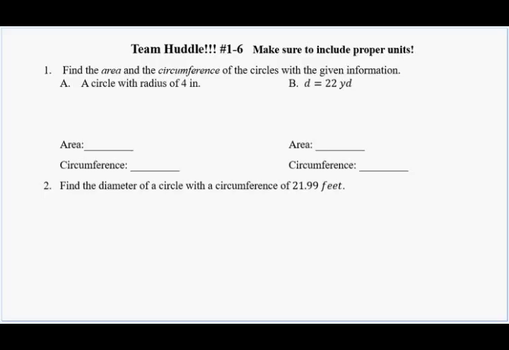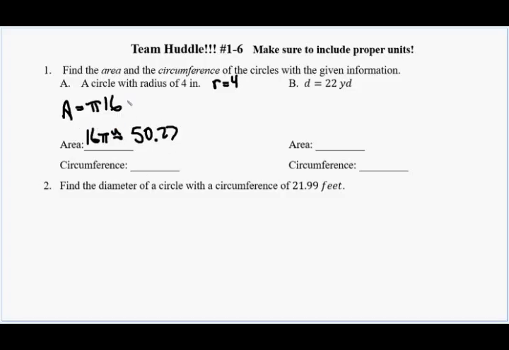So let's see what we have here in the first one. Area and circumference of these. A circle with radius 4. So r is 4. Area equals pi times radius squared. That would be 16 pi. And I'm going to write it in here. 16 pi, or approximately 50.27.